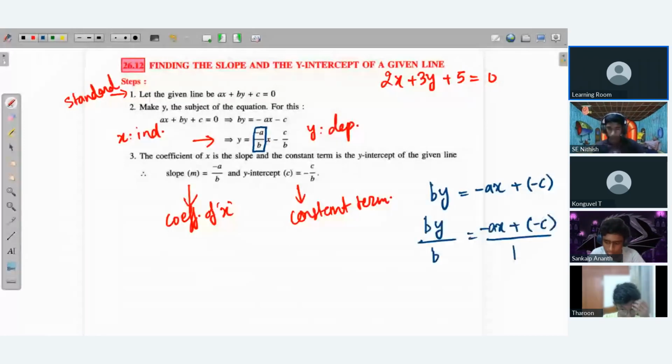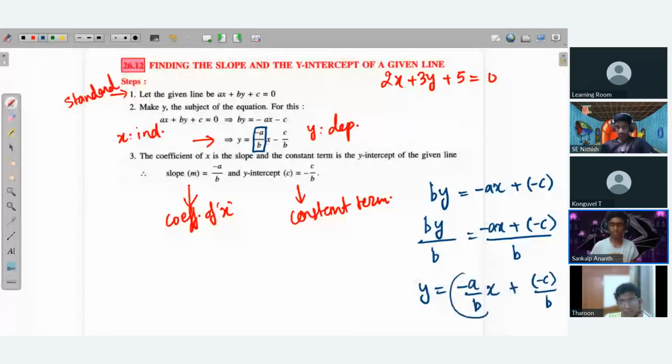This becomes y equals minus a over b x minus c over b. This term is the slope and this term is the y-intercept.